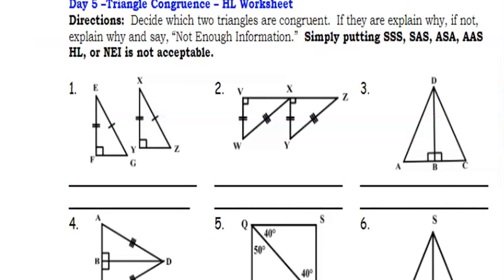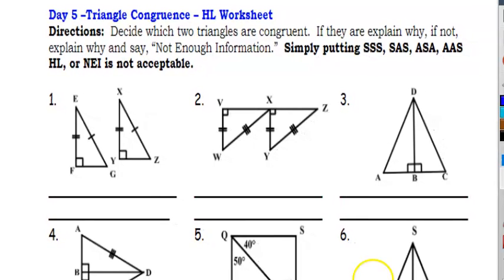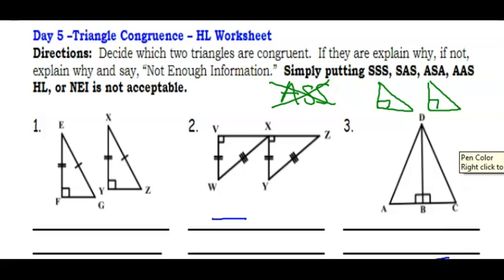All right, day 5. Day 5 is talking about hypotenuse leg. We keep talking about how you can't prove something with ASS. The exception to that is right triangles. If I have the 90-degree angle, hypotenuse leg. The hypotenuse is across the way from the right angle, so that's the H. And then the leg can be either of these.